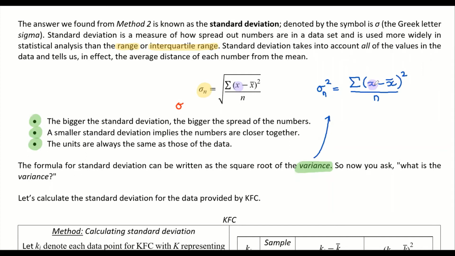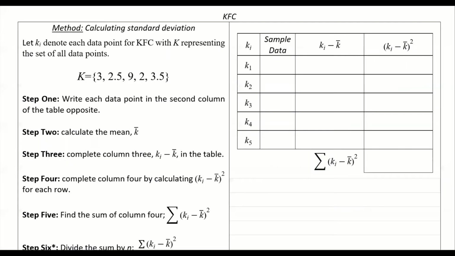Okay, so I think it's time that you guys had a go at this. We're going to look at the data for KFC, and we're going to calculate the standard deviation for those data next. I'll give you a bit of time to do this. I would just pause the video and have a go at this calculation.